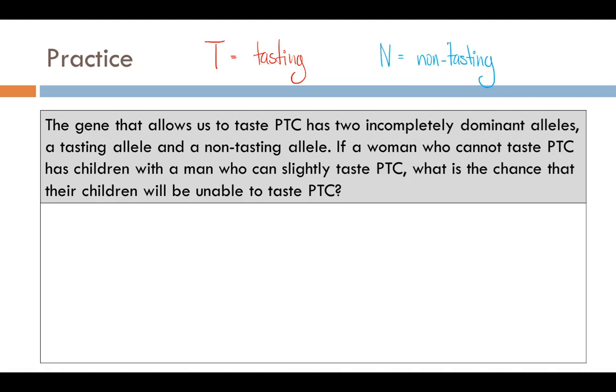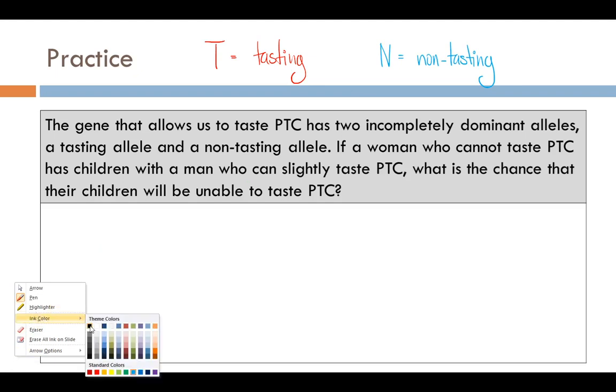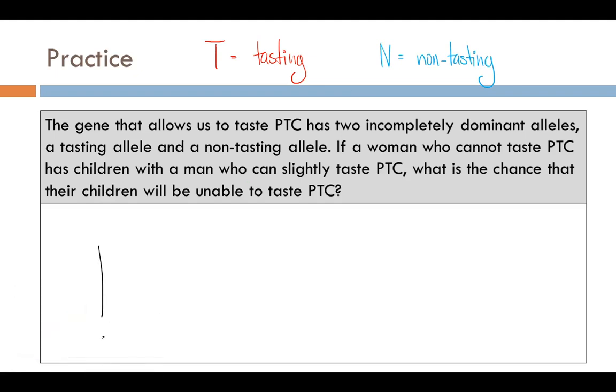So really that's the only hard part, remember, is setting up the alleles of the parents. So we need ourselves a Punnett square.